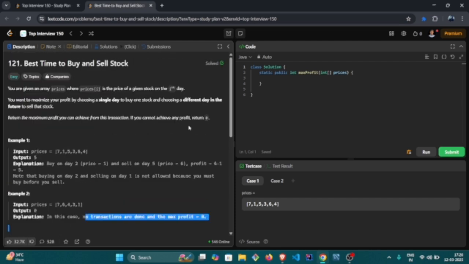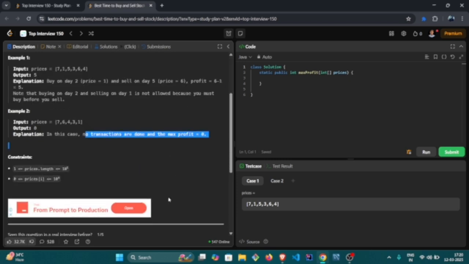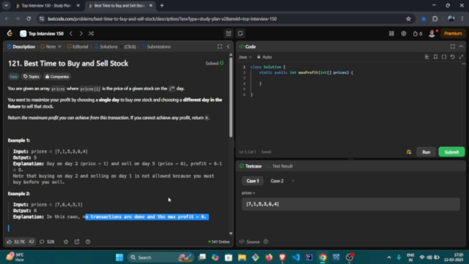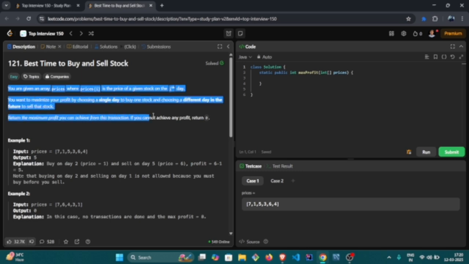This is the question, and we have discussed the description and the example cases. Now let's understand the mistakes a lot of beginners make while solving this problem. When they read the description, they think about sorting. They think about just sorting this array, so the minimum value will be at the zeroth index and the maximum value at the last of the array, and then subtract to get the maximum profit.